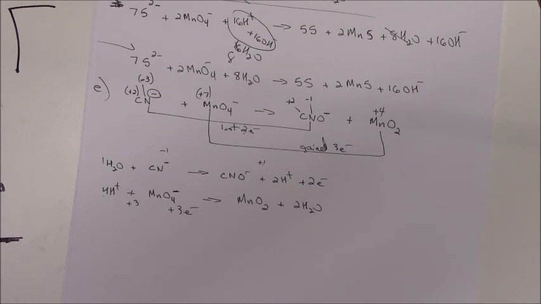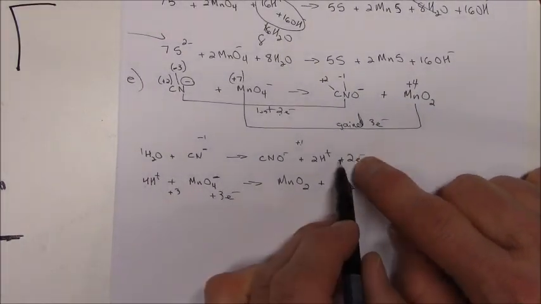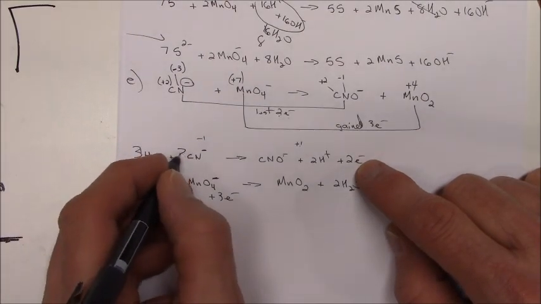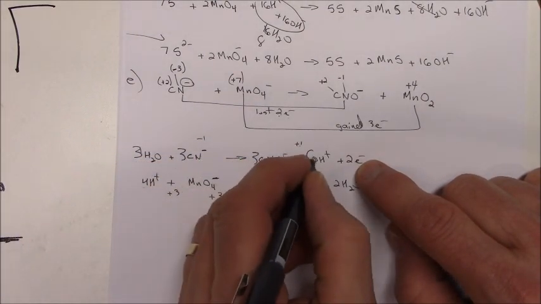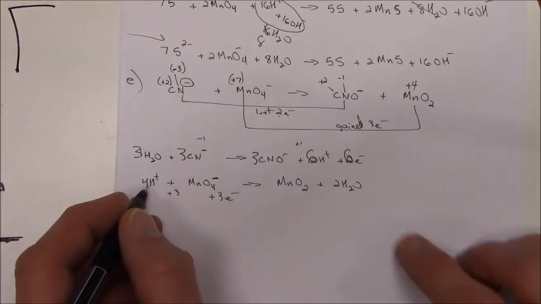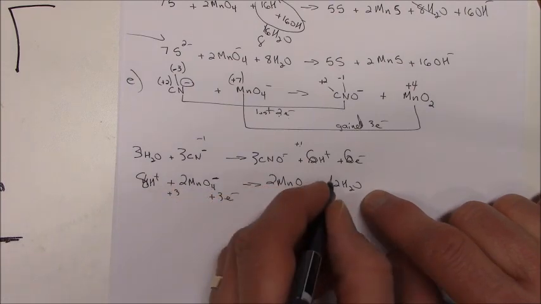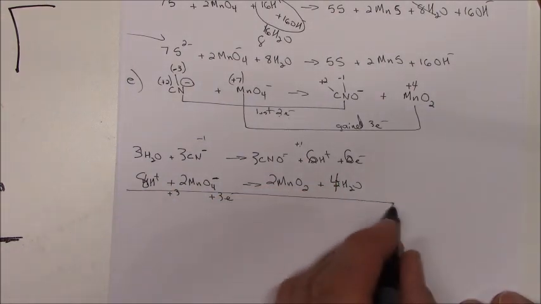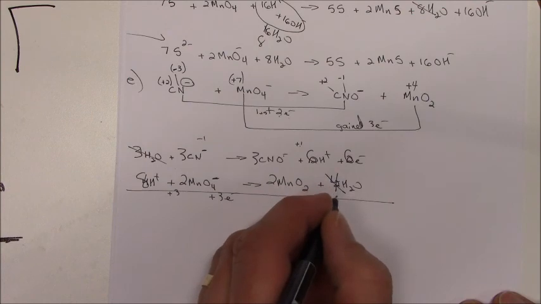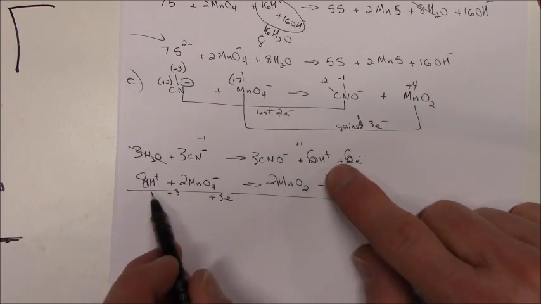So now we have the common denominator, 3 and a 2. This one gets multiplied by 3. 2 times 3 is 6. This side gets multiplied by 2, so this is 8, 2, 2, 4. 3 H2Os brings this to 1. 6 H pluses, 8.